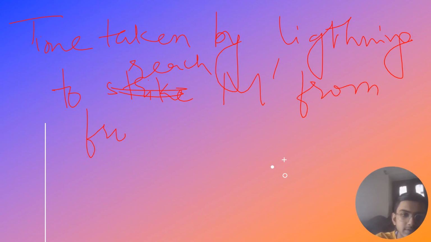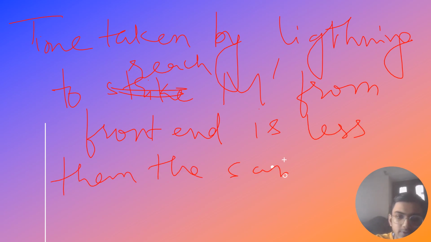So here, the time taken by the lightning strike to reach M dash from the front end is less than the same from the back end.